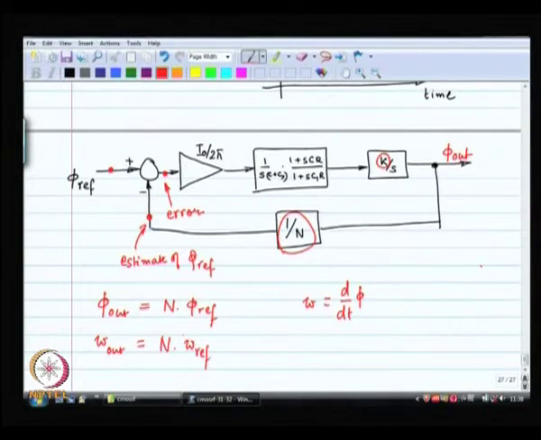So, the frequency is n times the reference frequency, very interesting. Now, what is the constraint now on the loop bandwidth?